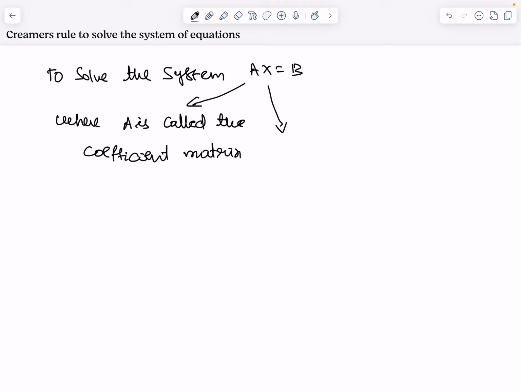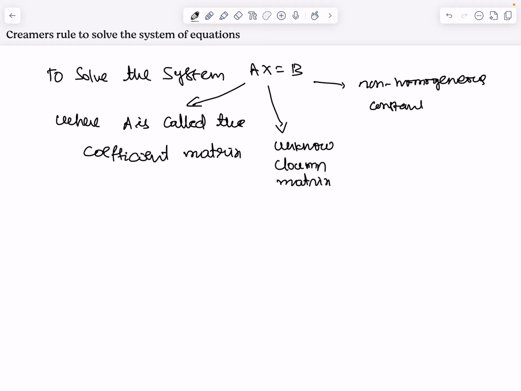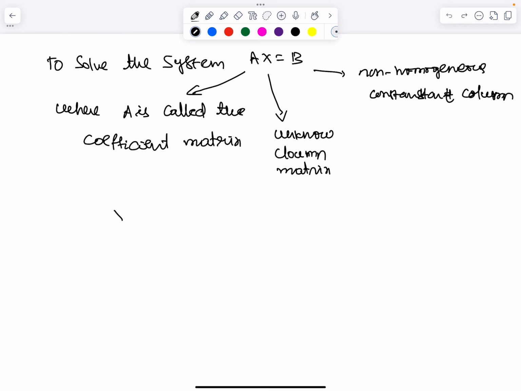And x is the unknown column matrix, where variables are placed in the form of a column, and B is called the non-homogeneous or constant column matrix. So with this the setup is done.